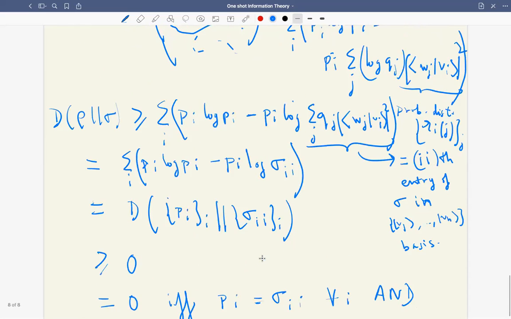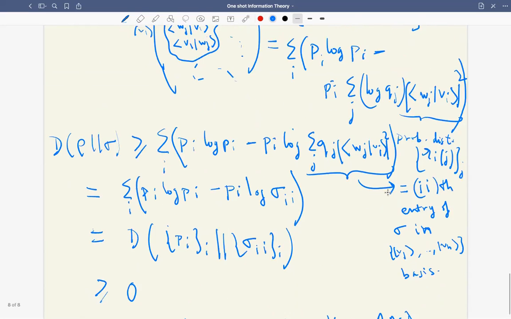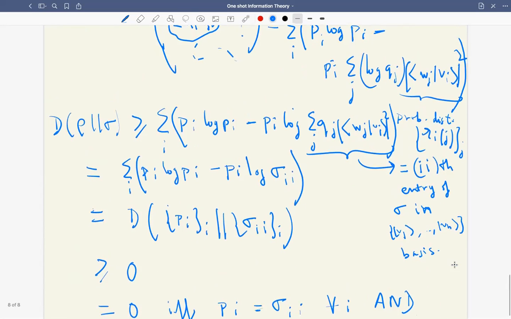For all i, I want this quantity to be finite. So what does this mean? This W is this W to p_i.